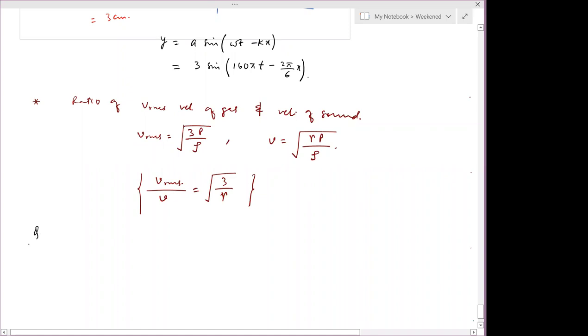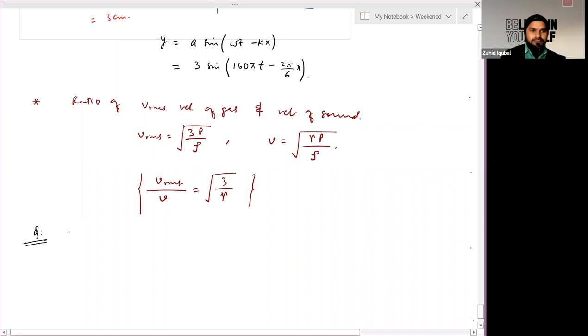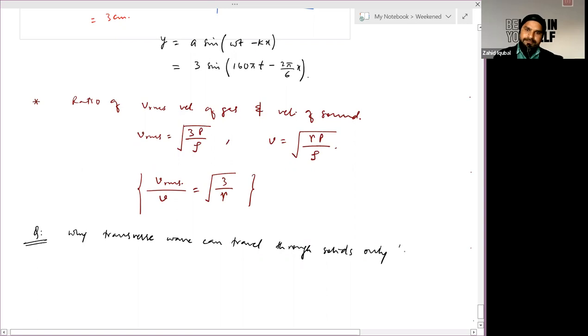Next question will be: why can transverse wave travel through solids only, but longitudinal wave can travel through all medium?